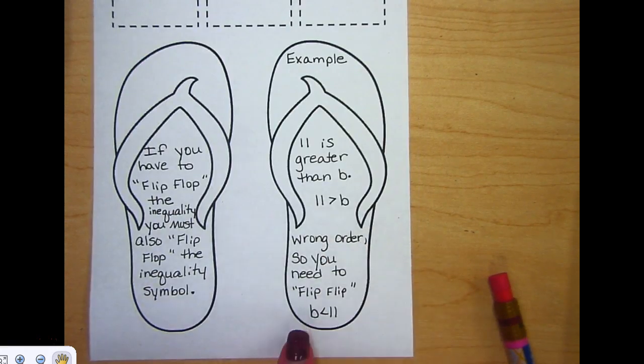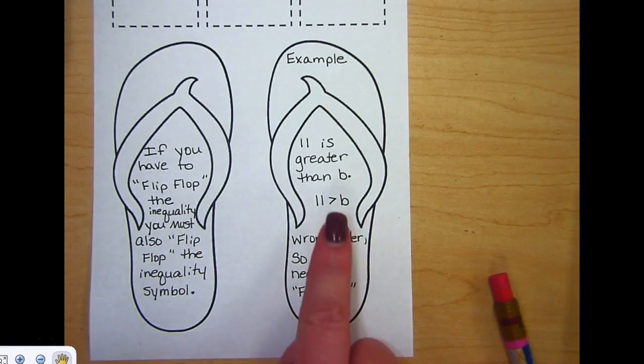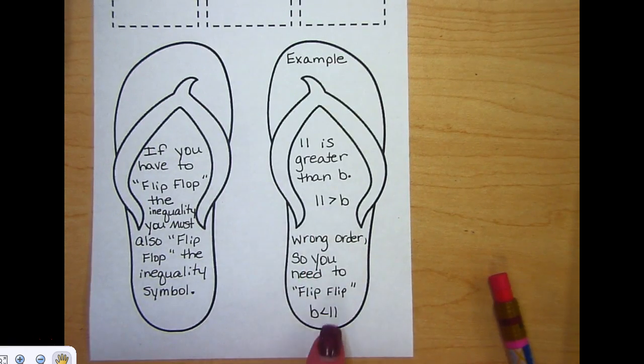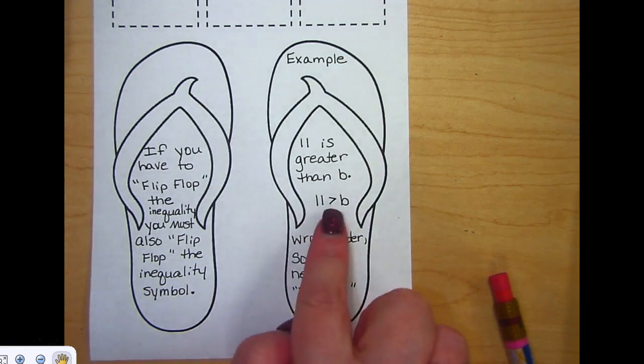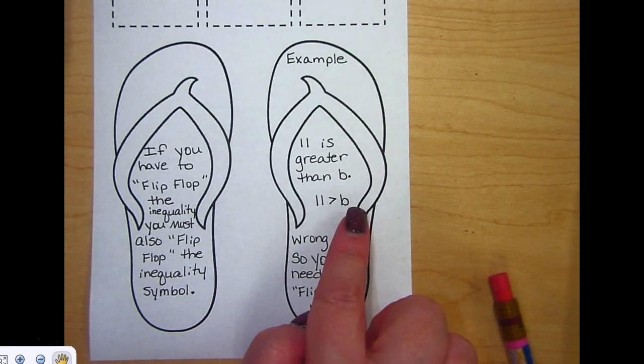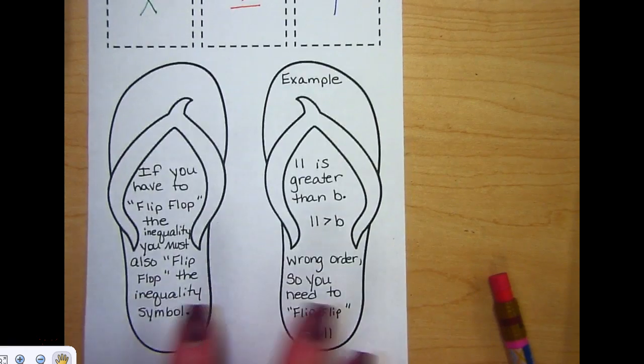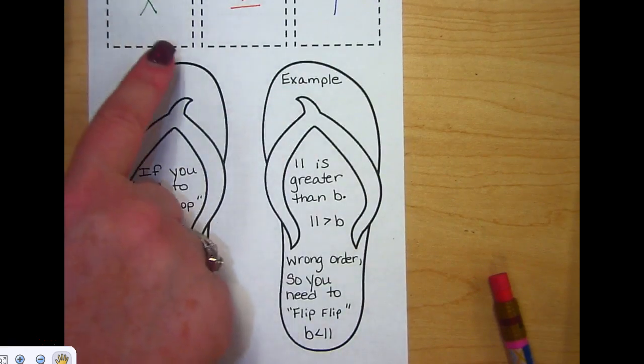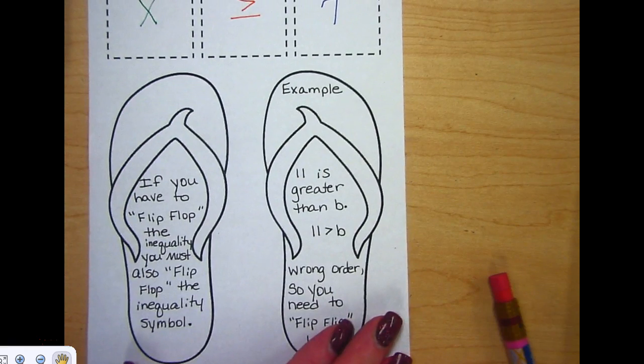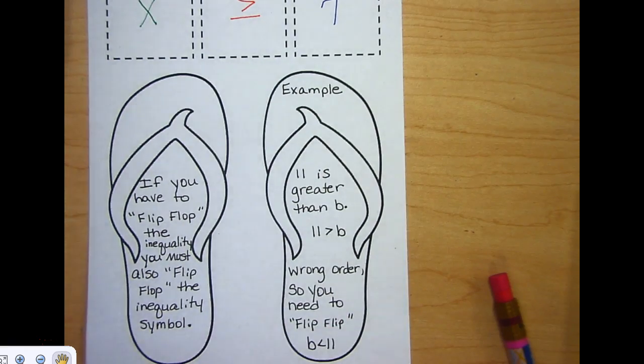So the B would have to go first. You have to flip the symbol, and then you have the constant, the 11, there. So 11 is greater than B can also be said as B is less than 11. Here the 11 is bigger, and here the 11 is still bigger. But you have to change it to variable, symbol, constant. It has to be reported that way at the very, very end.